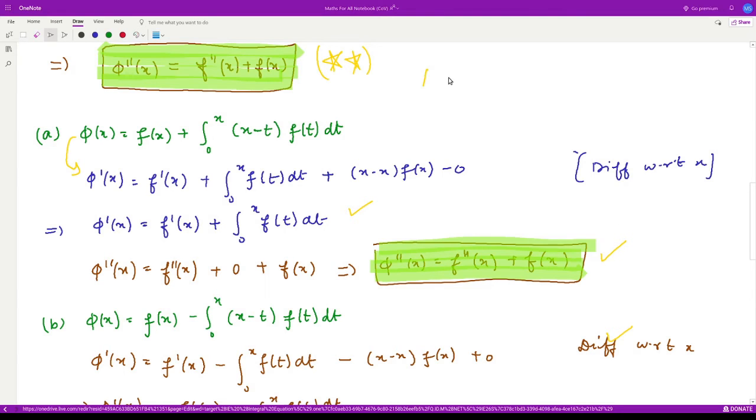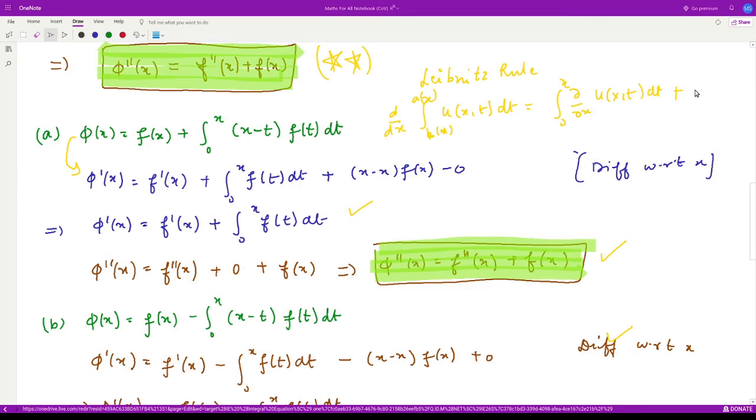Let me just write the Leibniz rule for you. It is the derivative with respect to x of some integral, say u of x, t dt, right? This would be equal to integration from 0 to x of the partial derivative with respect to x of u of x, t dt, plus the derivative of the upper limit, say here it is a of x and here it is b of x, right?